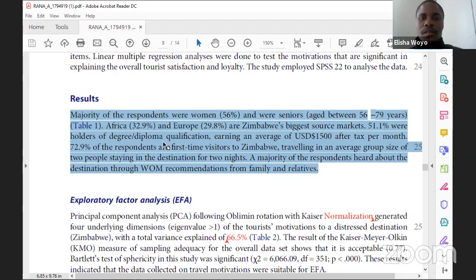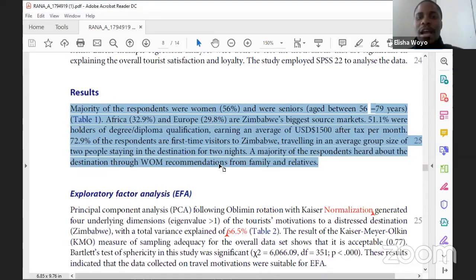I also indicate that 51% of them had a degree or a diploma. They earn around US$1,500 after tax in a month. And they were visiting Zimbabwe for the first time, traveling in a group size of 2, staying in the country for 2 nights. And the majority have heard about this destination using word of mouth recommendations.